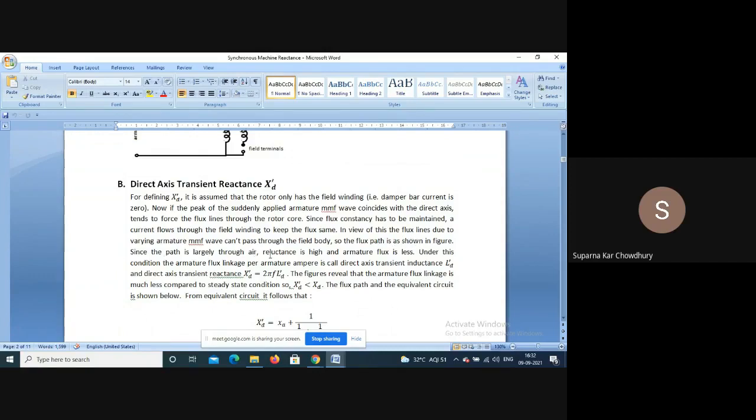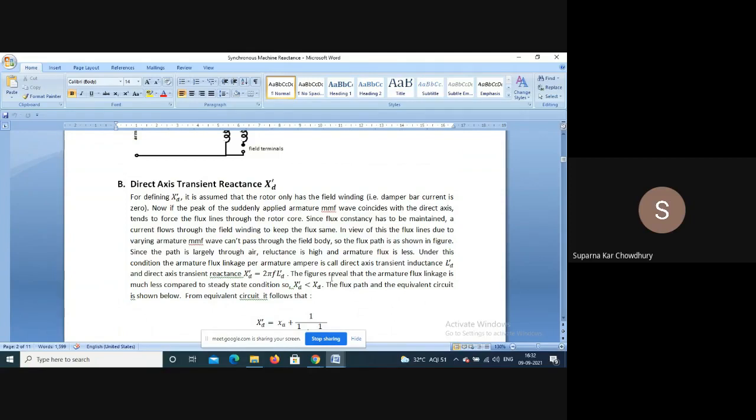The path is largely through air, reluctance is high, and the armature flux is less. Under this condition, the armature flux linkage per unit armature ampere is defined as the transient inductance LD dashed, and the direct axis transient reactance XD dashed is equal to 2 pi f LD dashed.